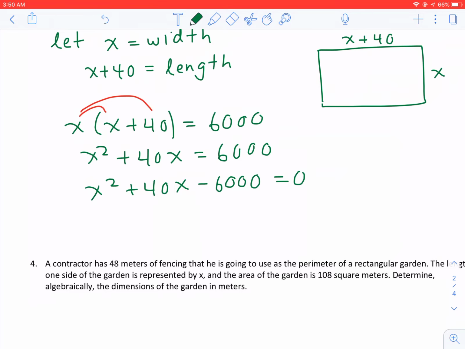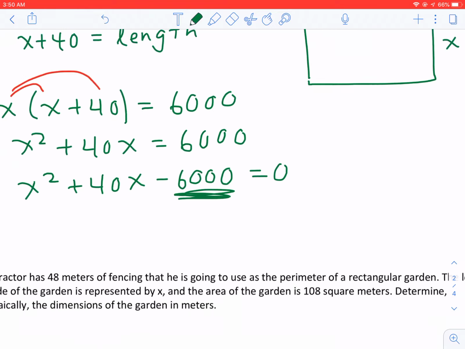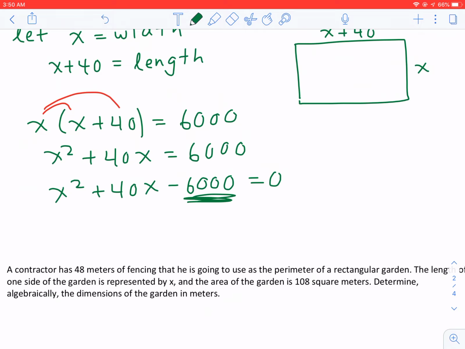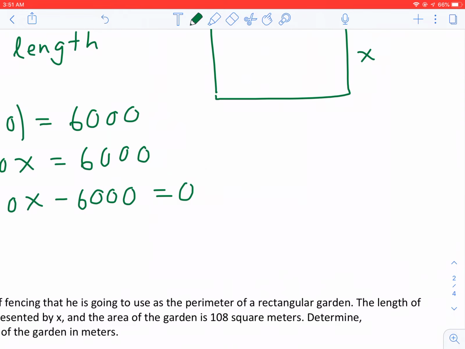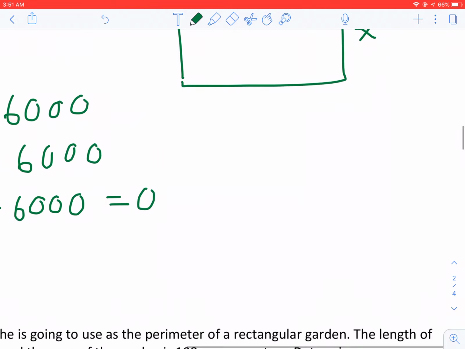Alright, so that is a huge number. What the heck multiplies to 6,000 and adds to 40? Well, I can tell you it's 60 and 100, but let's say you did not see that, because you might not see that. Do you guys remember the calculator trick?